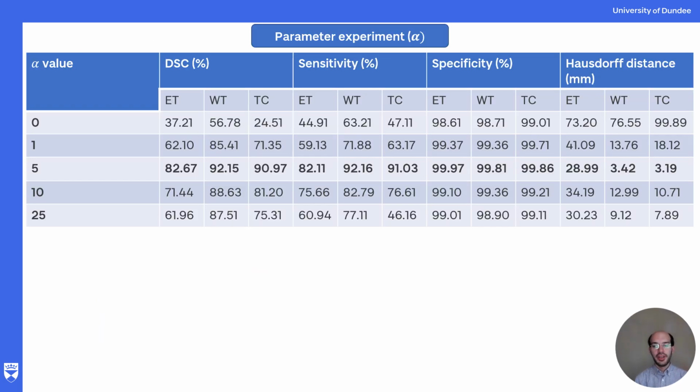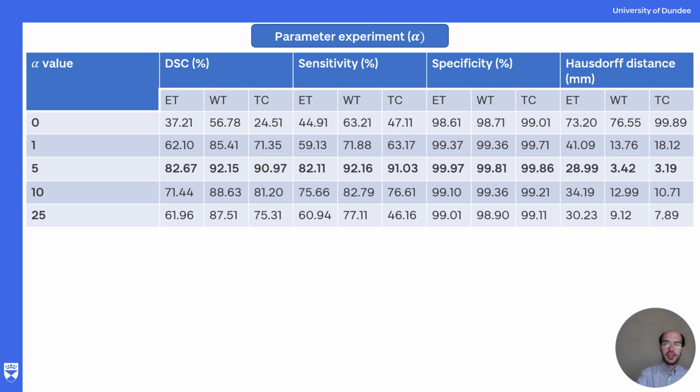In terms of quantitative results, we first perform an analysis on the weighting parameter of the generator loss, alpha, and the results show that an alpha value equal to 5 leads to the best performance in terms of the different quantitative metrics: DICE score coefficient, sensitivity, specificity, and Hausdorff distance.